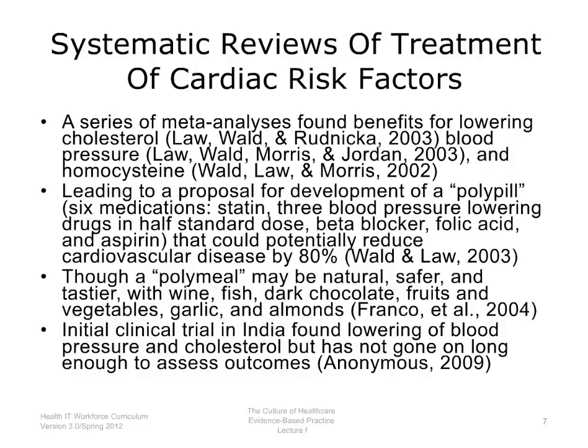In fact, the combined publication of these meta-analyses led to a proposal for developing a so-called polypill that would contain 6 medications: a statin, 3 blood pressure-lowering drugs in half their standard dose, a beta blocker, folic acid, and aspirin. The authors argued that this could potentially reduce cardiovascular disease in Western countries by 80%.